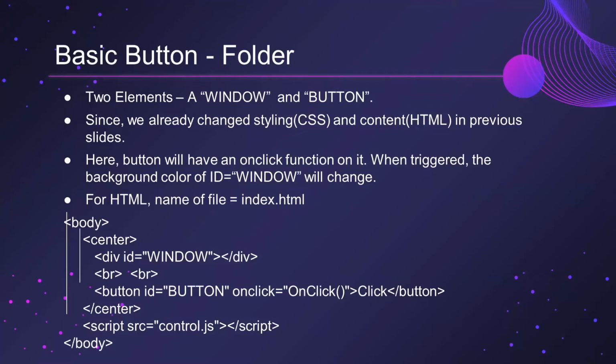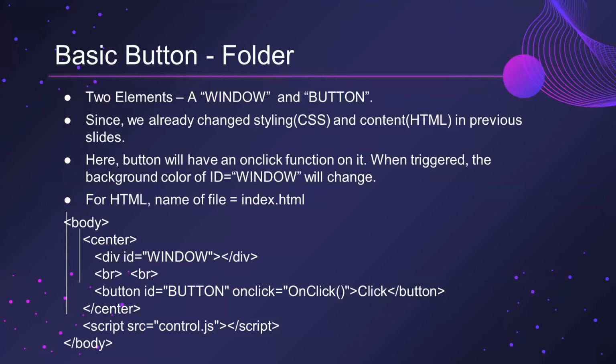So if you try to copy the text over it, that is the click text, it will not be selected. Okay, so this is the HTML file that you see over there, and if you click on the button, it will trigger the onClick function, and it will change the color in the window.